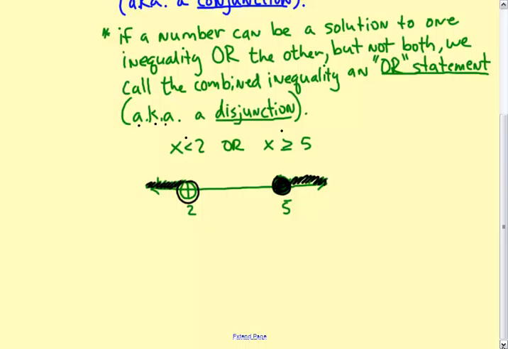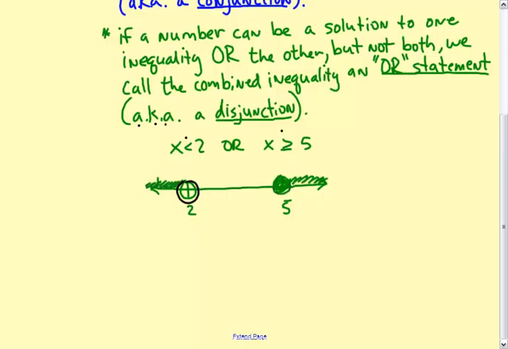There are no numbers that sit here and here at the same time. There are no numbers that are in both of these shaded regions. That's why this is called a disjunction. When the graphing goes away from the two critical numbers, it's a disjunction. When it's between the two critical numbers, that's a conjunction, okay?